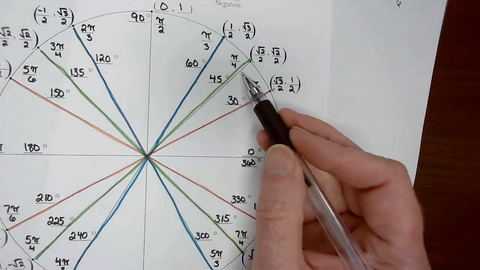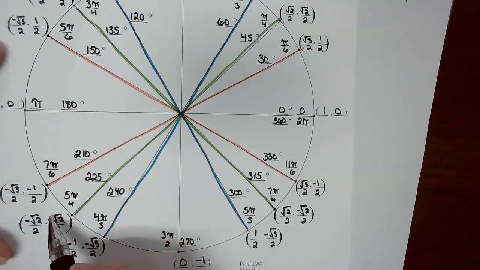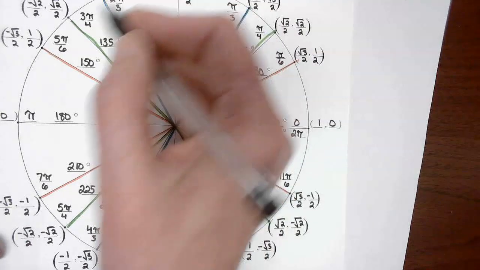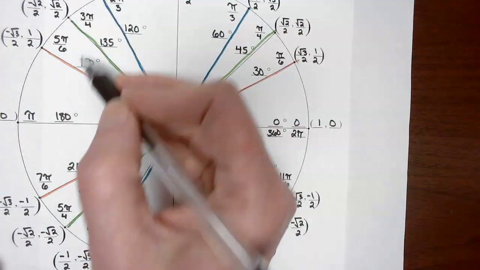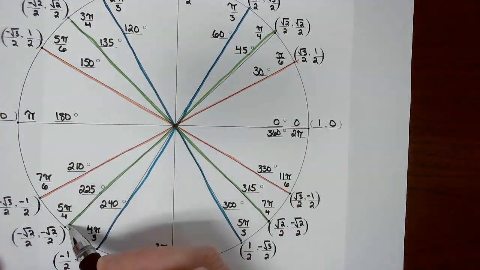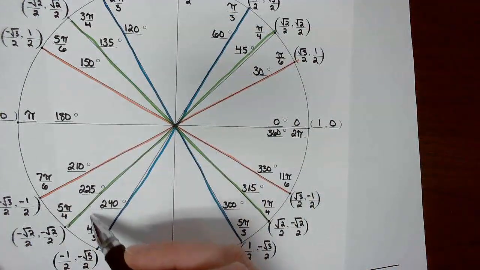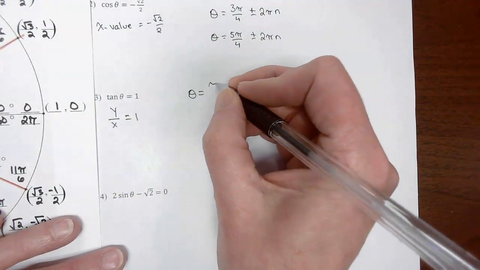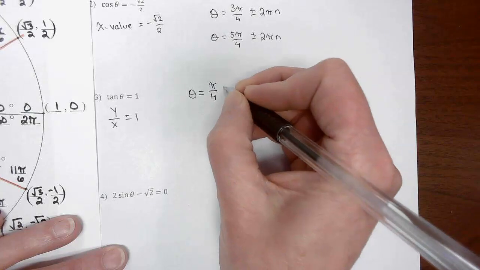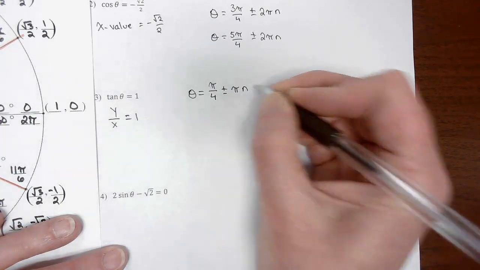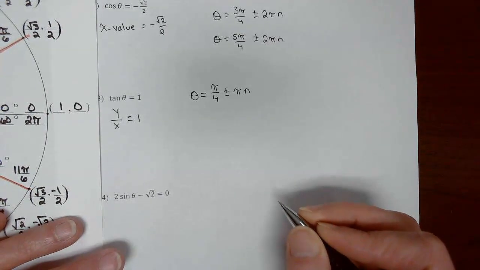Now, these are exactly across the circle from each other. So instead of going all the way around the circle, I only have to go halfway to hit a spot that has a tangent of 1. So we can actually write on this one that I only have to go halfway around the circle to find the next one. And halfway around the circle would be just a pi.